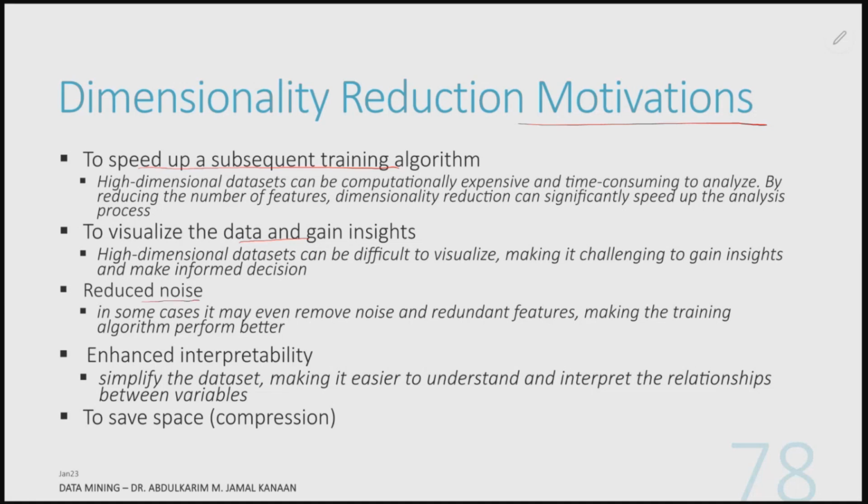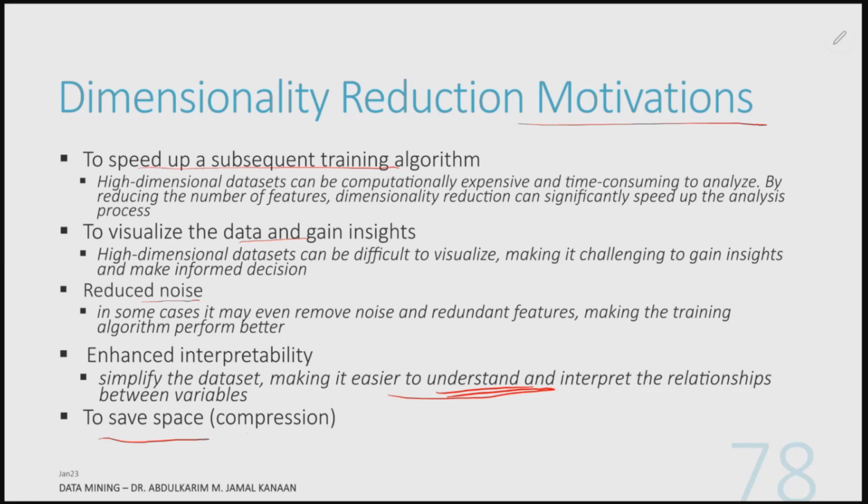Noise can also be reduced by applying dimensionality reduction, reducing the noise inside your data. It also enhances interpretability, making it easier to understand the relationships inside your data, like the example where we saw that one country is quite different than the others. Or to save space. Save space because simply you are compressing the data, and instead of having too many features, now you have a fewer number of attributes inside your data set.